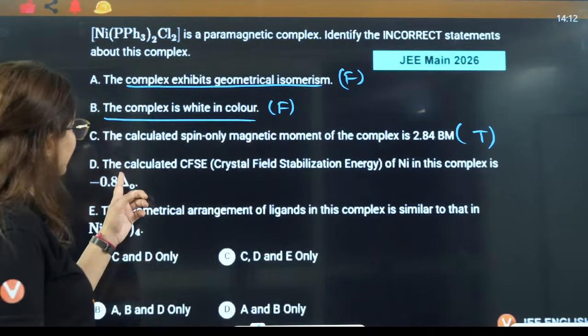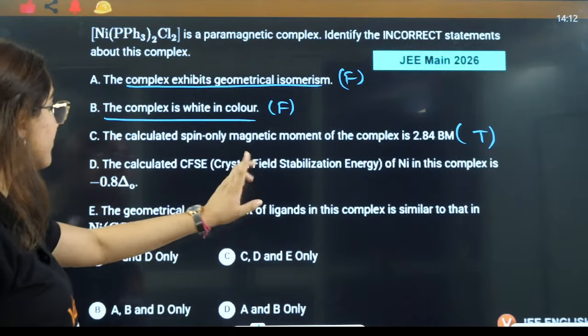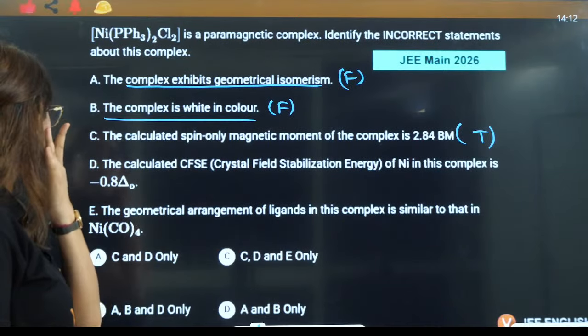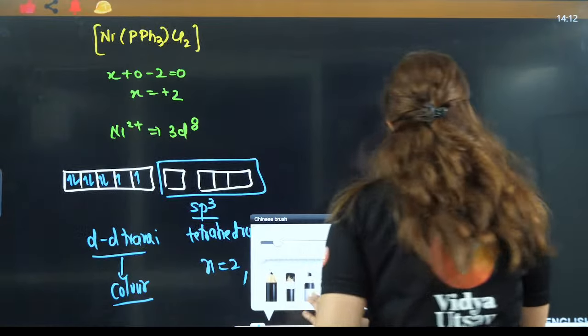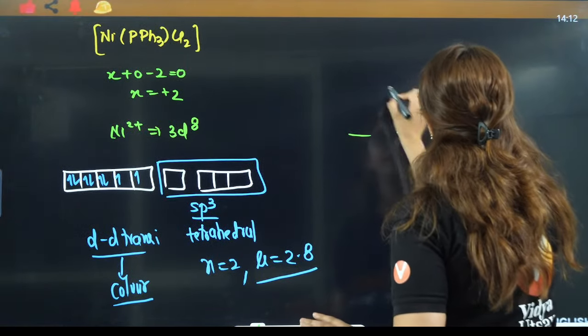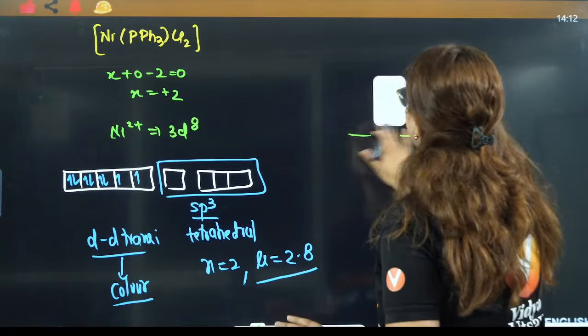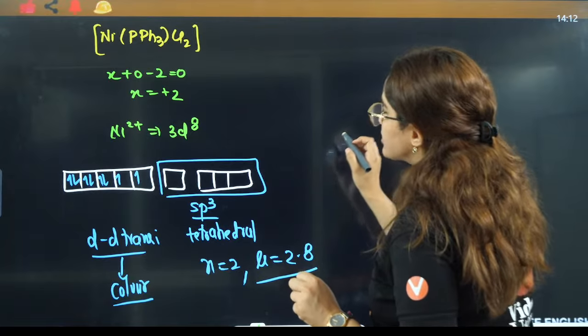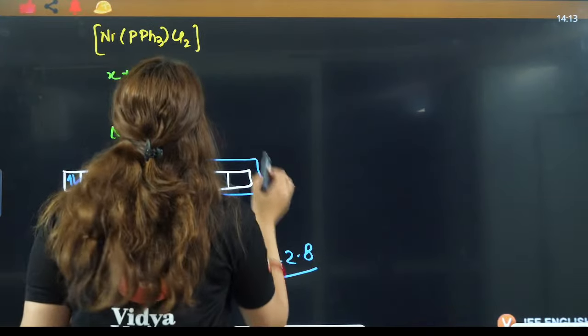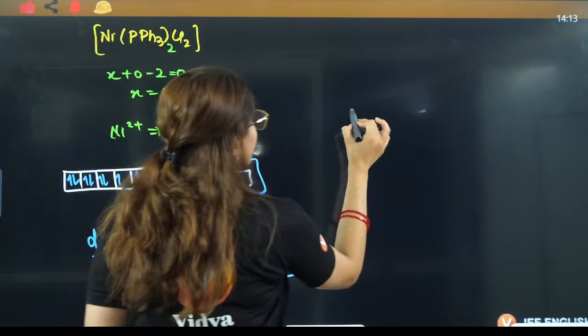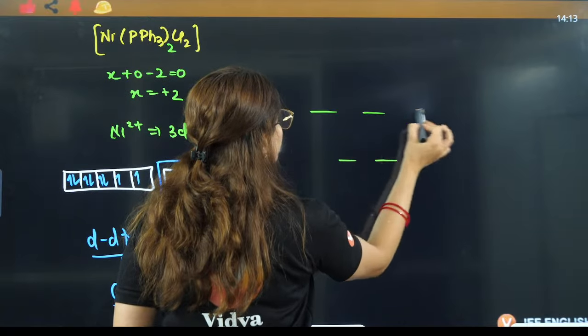Next, the calculated CFSE of nickel in this complex is this. Now you'll have to calculate the CFSE here. It is a tetrahedral complex, so the splitting is 1, 2, 1, 2, 3.